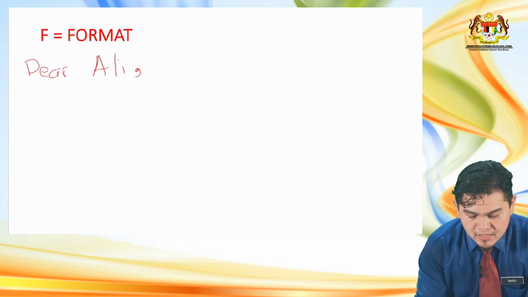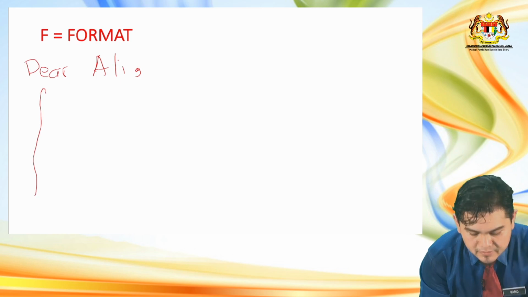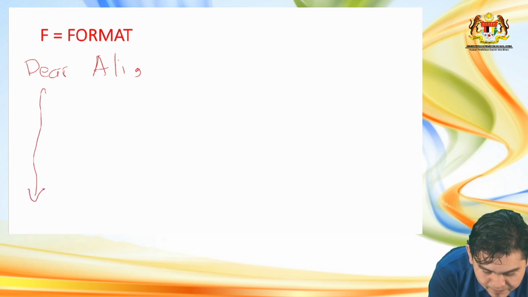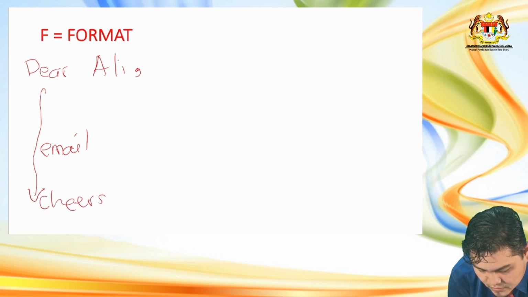So let's say, Dear Ali, comma. The signature for an email should be down here. So this is for the email. This is going to be Cheers, comma, and then your name, like Putin.